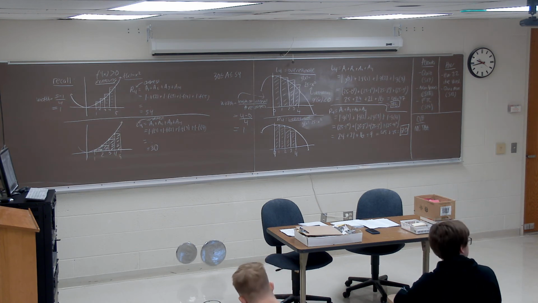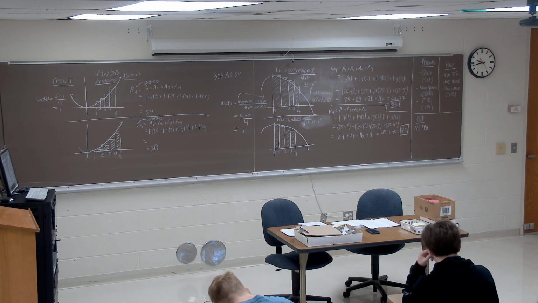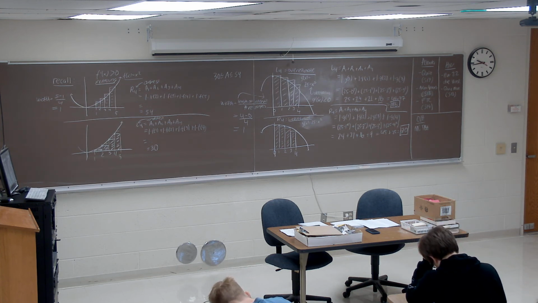On the other hand, we can say that L sub n is going to basically be the opposite of that. It's going to be an underestimate if f prime of x is positive on the interval, and L sub n is going to be an overestimate if f prime of x is negative.